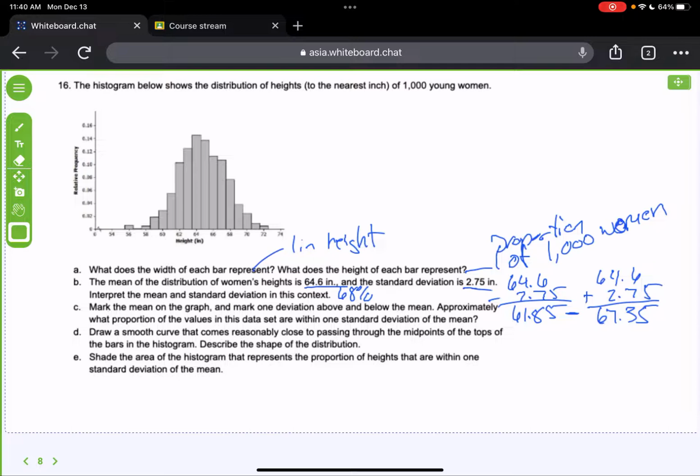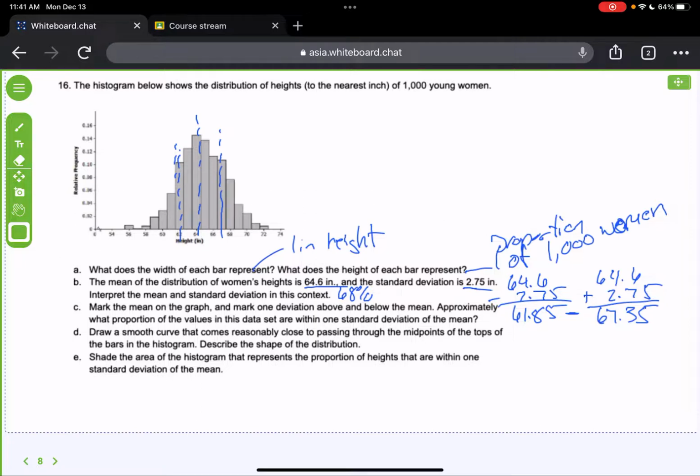Now, part C says mark the mean on the graph. Well, that's 64.6. And what else does it say? Mark one standard deviation. That's only 2.75, so we go to 61.85, something like this, and 67.35 is going to be something like this. So we've done one standard deviation.